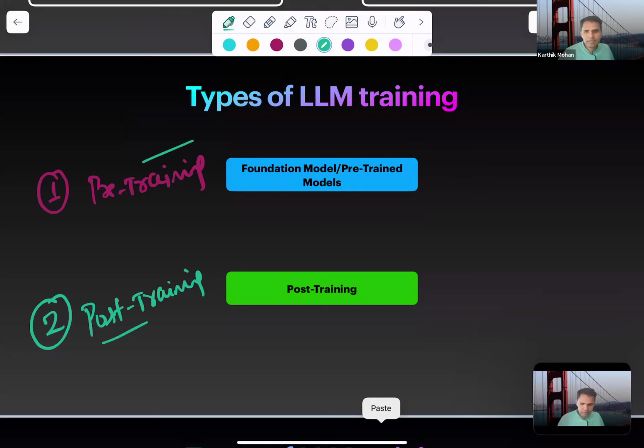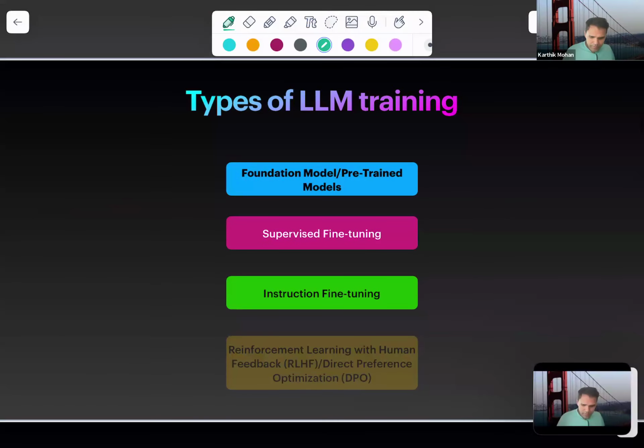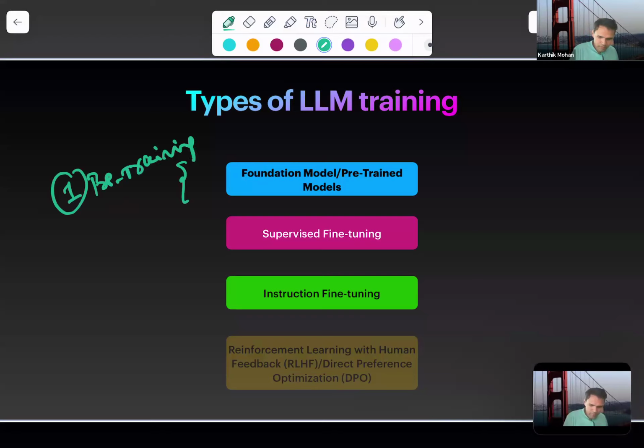We'll look into each of these and understand better what each of these are and why we need these trainings. So this is pre-training, and this is post-training.